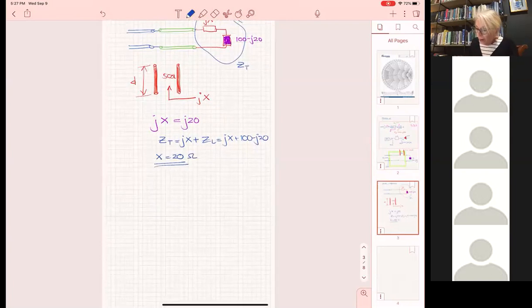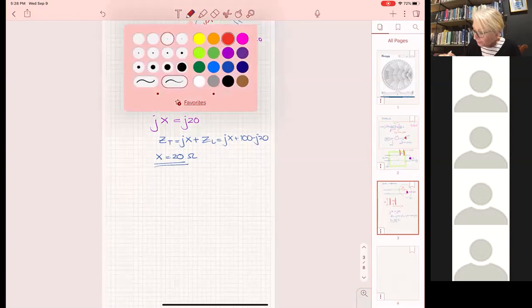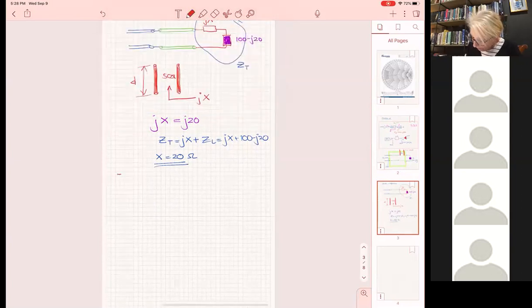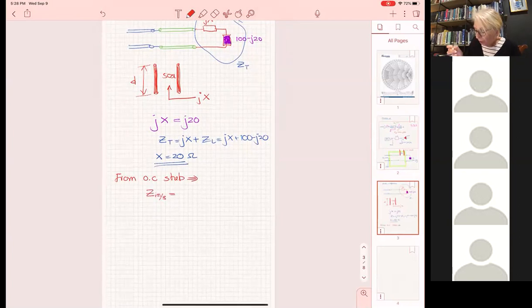All right, now from the stub, we know the input impedance to an open circuited stub. What do we know? That Z into the stub, if it's open circuited, do you remember how it goes?